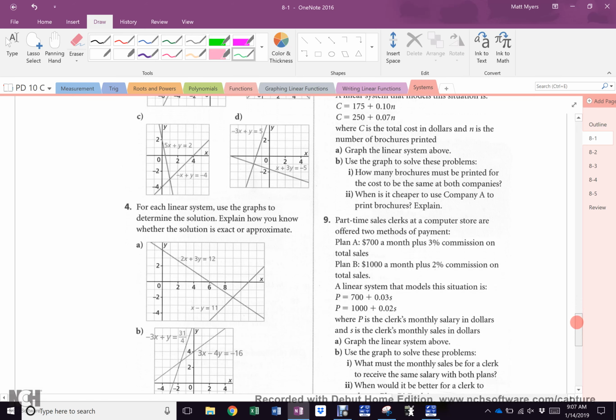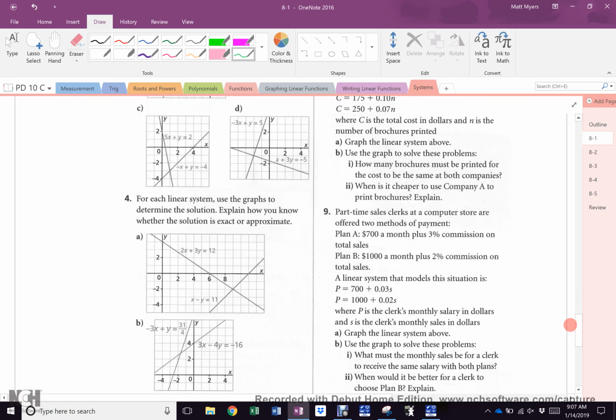Okay, let's look at number 4a. What's the solution to 4a? 9, negative 2. Exactly? Yes, how do you know? Because it's right on the coordinates. What's the solution to b?